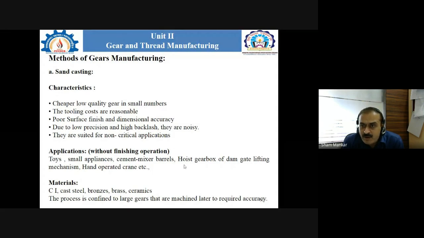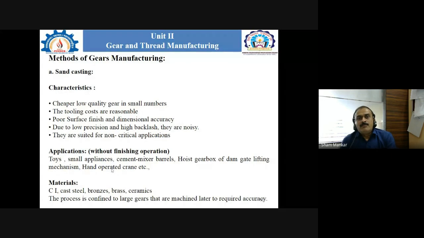Apart from that, there are hoist gears, the gearbox of a dam gate, lifting mechanisms, and hand operated cranes. These are some of the applications where we can use gears manufactured by the sand casting process, specifically without a finishing operation.